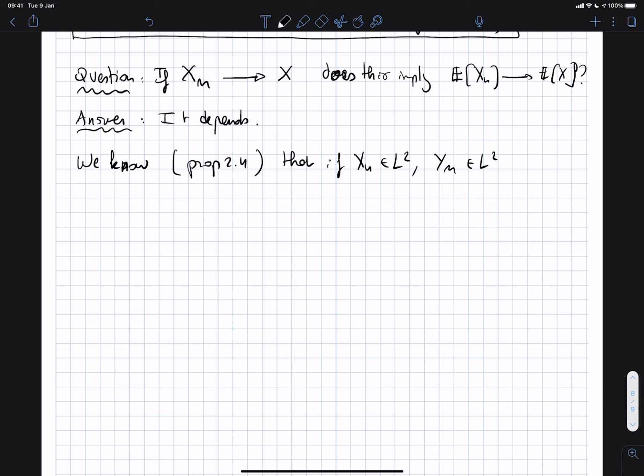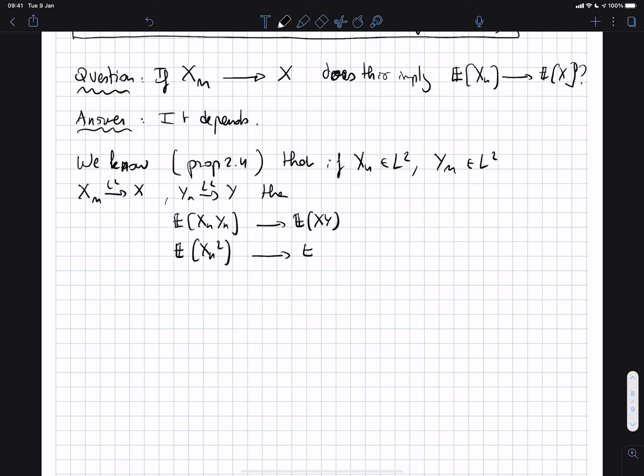This inner product is continuous, and we know that if we have sequences which converge in L2 to some x and to some y, then the expectation of xn yn converges to the expectation of xy, and the expectation of xn squared converges to the expectation of x squared.